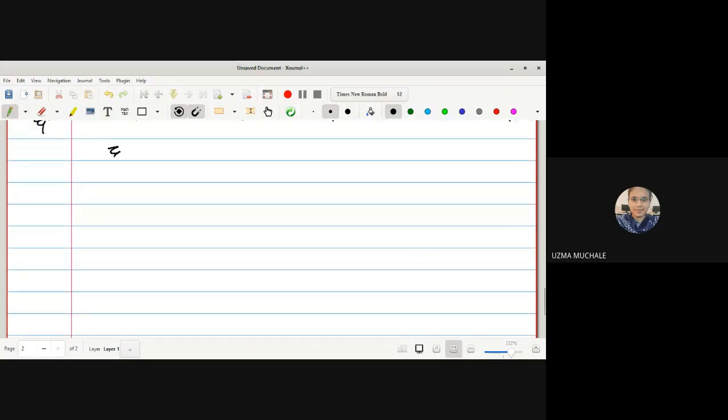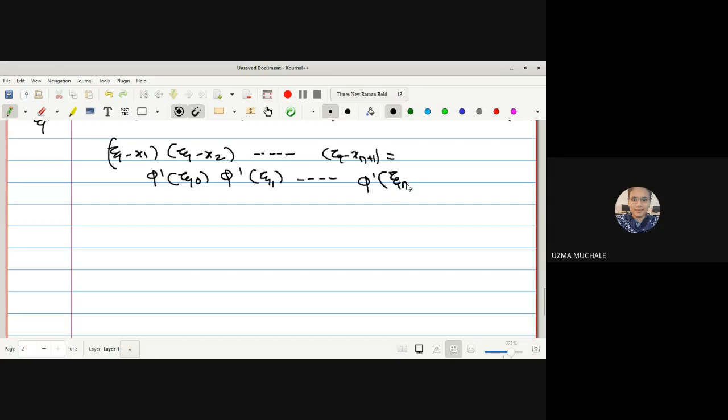What will be the form? Here it will be zeta minus x1, into, no need to write the bracket as it is a multiplication, zeta minus x naught, zeta minus x1 and so on up to zeta minus xn.